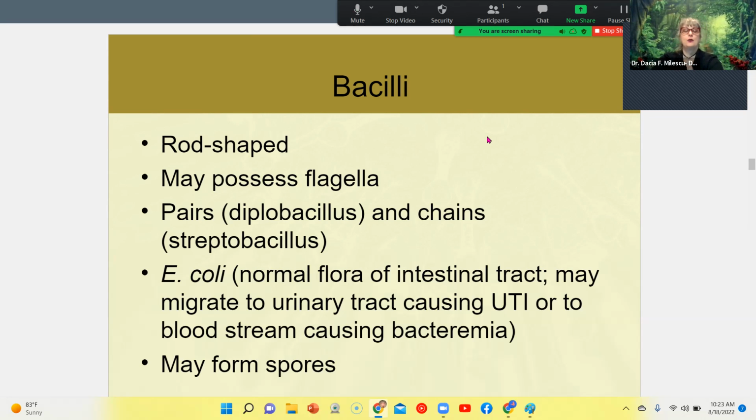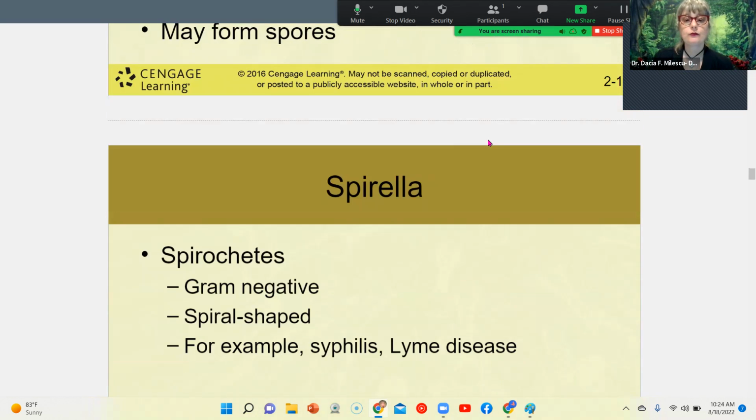All right, so not to scare you, but that's the sequela of this infection if it gets out of control. Of course, we have antibiotics for it, so most people don't get to that level. Now, bacilli may form spores. Not all of them, some will form spores, so just be aware of that.